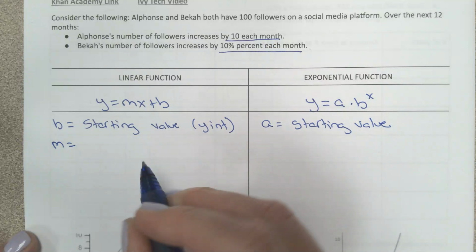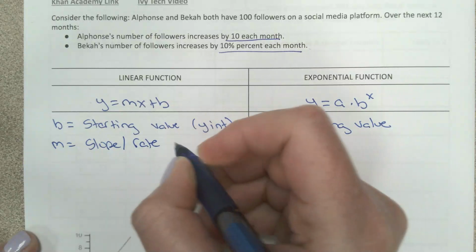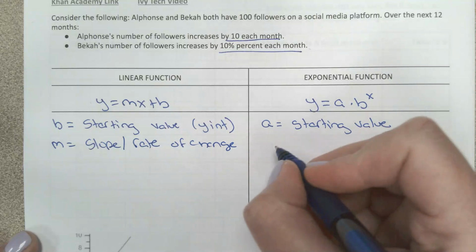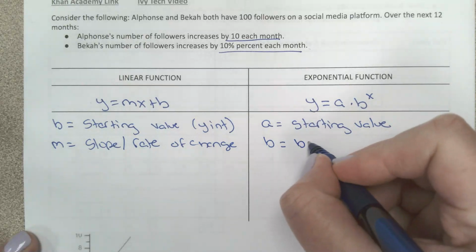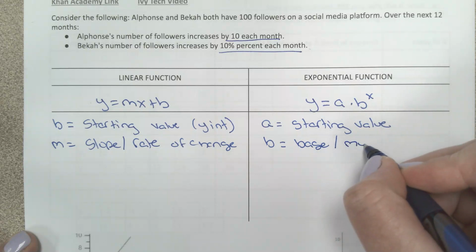On a linear, the m is the slope or the rate of change. On an exponential, it is the b that is the change, and it is the base or the multiplier.